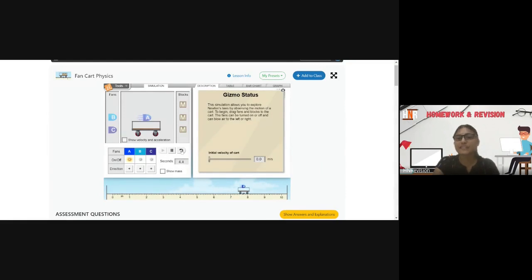Now what if I say that this fan was not there? Then the cart will not move until and unless I put a pressure or a force on it, right? And this is a limited space.